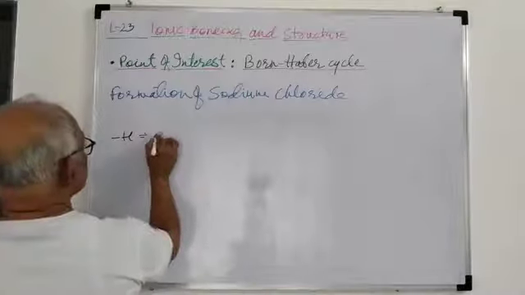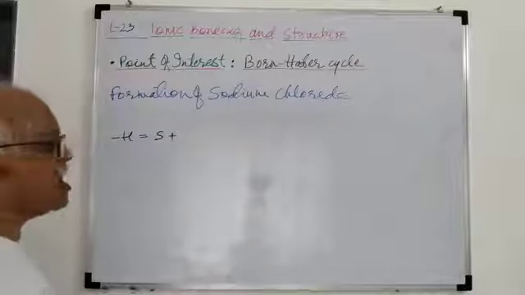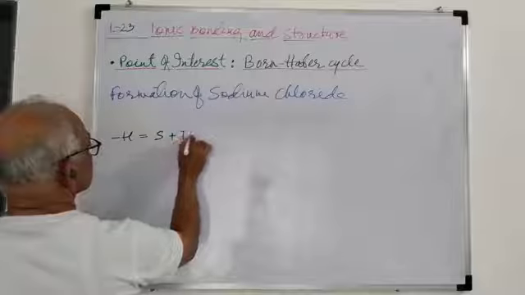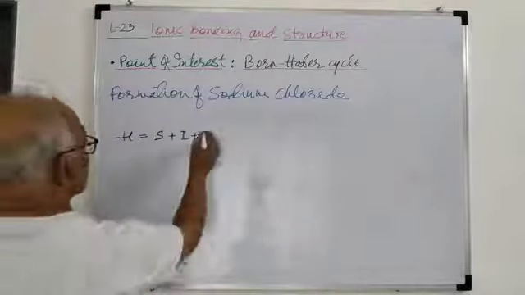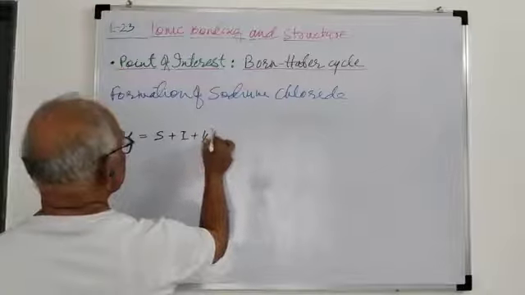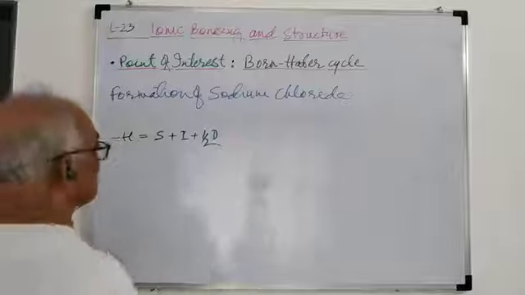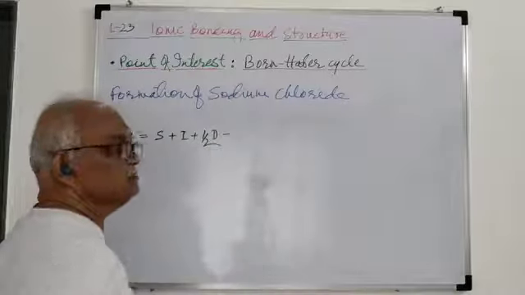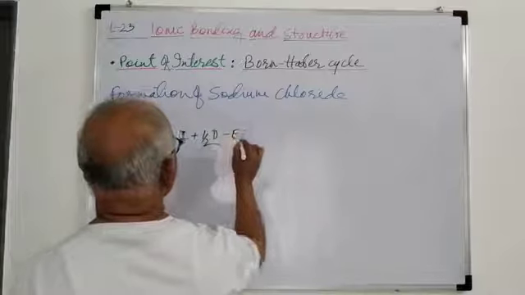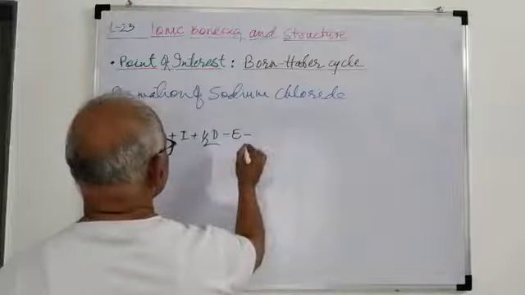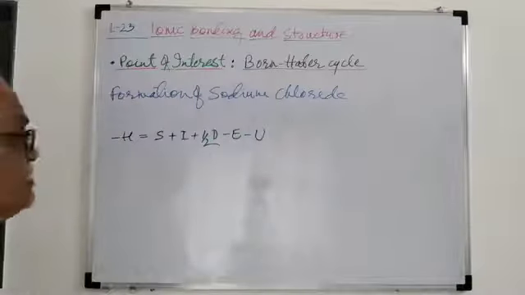The first term is sublimation energy S, plus second is ionization energy I. Then third is dissociation energy, that is 1/2 D. Then after D we have taken another term, the electron affinity, that is minus E, and again another term minus U, that is lattice energy.